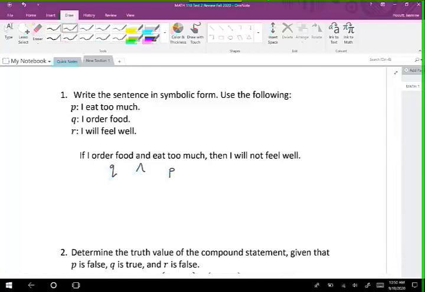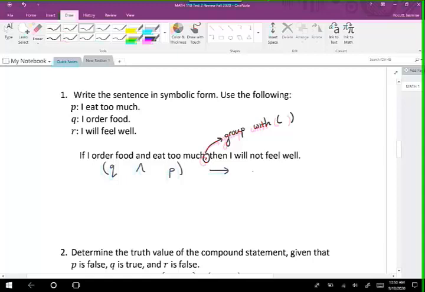And then notice that I have a comma here. And what a comma does is it tells you to group using parentheses. So in other words, the Q and P is its own little block. And so we're going to put parentheses around it. Okay. Now I have an if-then statement, so I'm going to use an arrow.